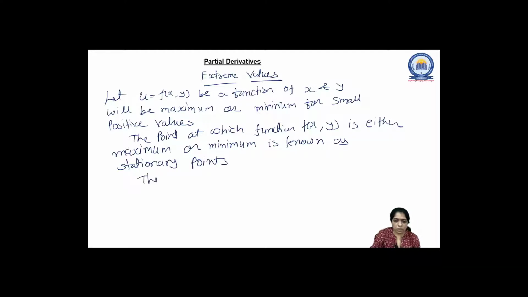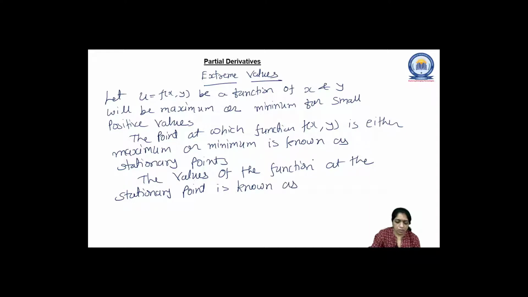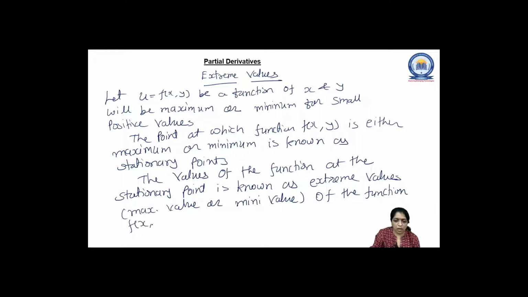The value of the function at the stationary points is known as extreme values, that is either maximum value or minimum value of the function f of x and y.